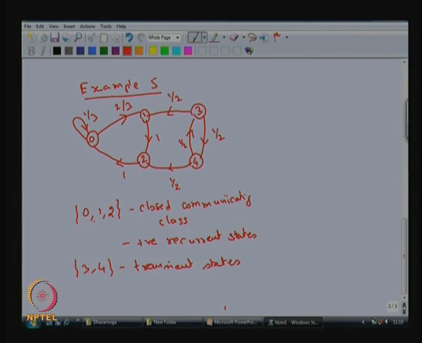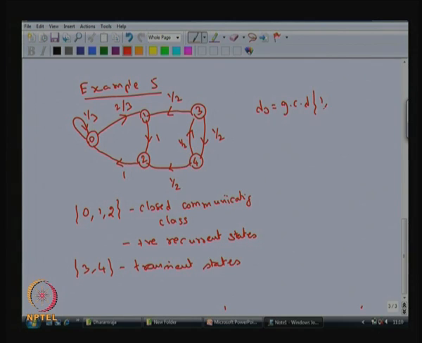And if you try to find the periodicity, you can find it for any one state, and that is going to be the period for all other states in the same class. Therefore, the periodicity of state 0, d0, is the greatest common divisor of all the step counts in which the system can come back to the same state.